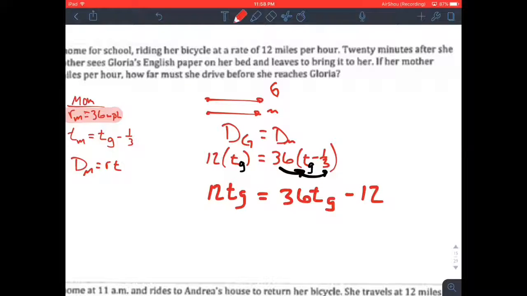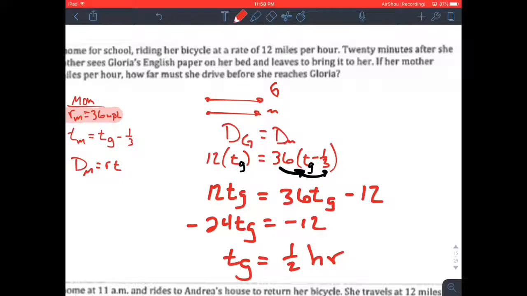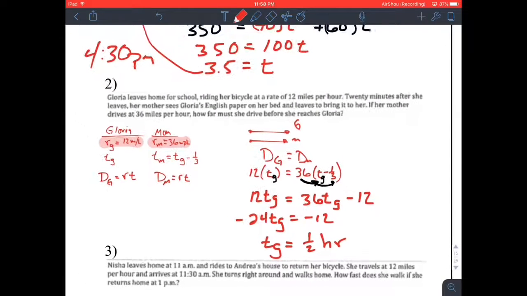If we subtract 36 t sub g from both sides, we're going to get negative 24 t sub g equals negative 12. If we divide both sides by negative 24, we get the time of Gloria is going to be a half. Talking about time, talking about hours. So Gloria drove for half an hour.